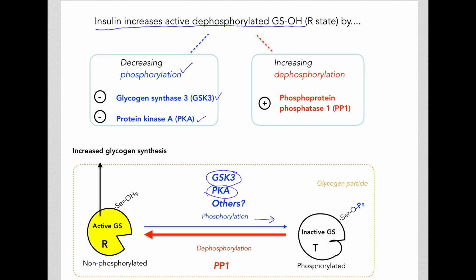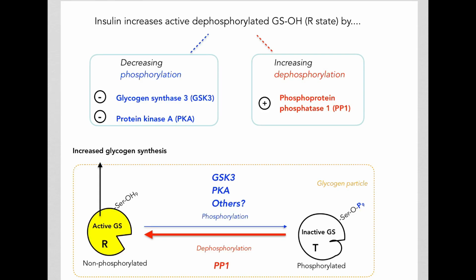Or another way insulin can increase the active dephosphorylated glycogen synthase is by increasing the reaction in this direction, basically increasing dephosphorylation. And since dephosphorylation is carried out by PP1, this can be done by activating PP1.